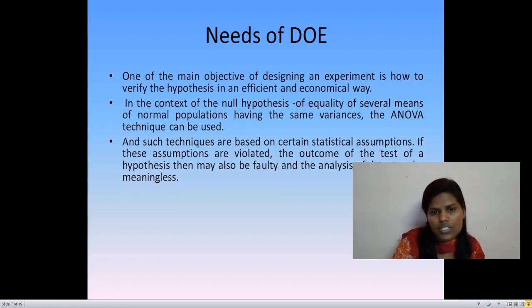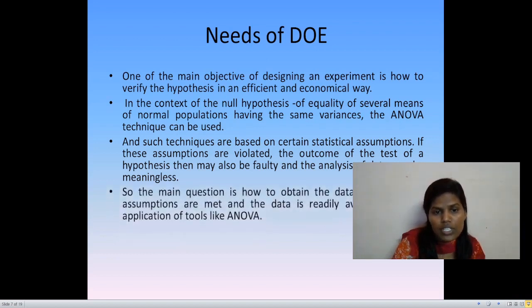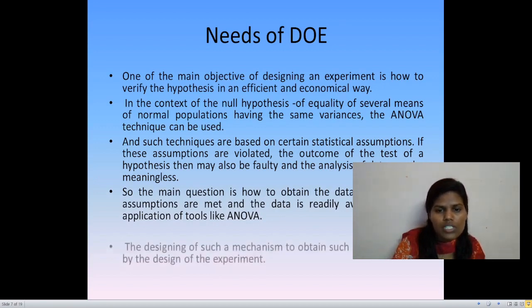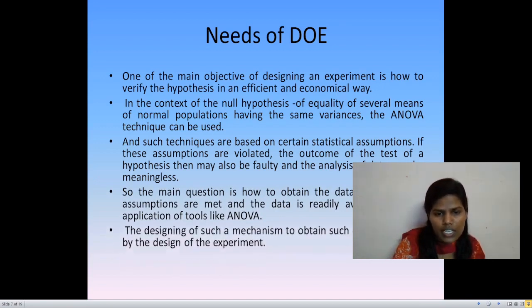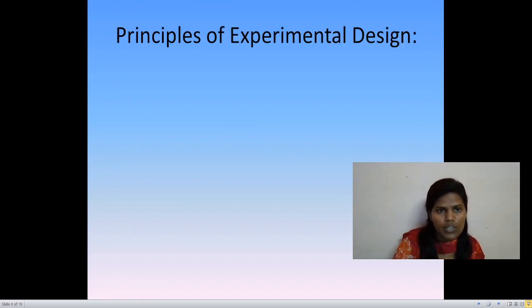If these assumptions are violated, the outcome of the test of a hypothesis then may also be faulty and the analysis of data may be meaningless. So the main question is how to obtain the data such that the assumptions are made and the data is readily available for the application of tools like ANOVA. The designing of such a mechanism to obtain such data is achieved by the design of experiment.